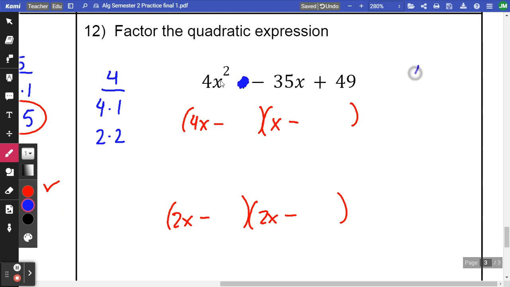Now for the last piece here, the factors of 49 include 49 times 1, and then we'll have to alternate this as 1 times 49. And then we'll also have to list out 7 and 7. We don't have to alternate the 7s because they're the same number. Now, some of these may not make sense.